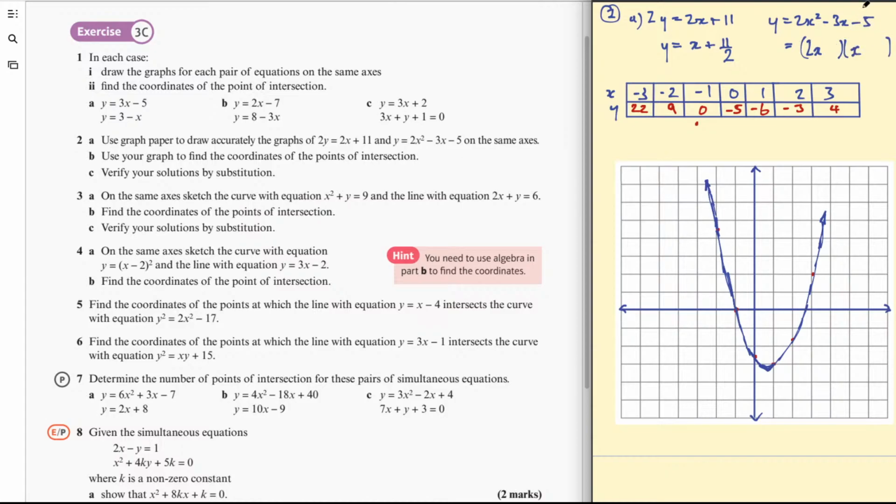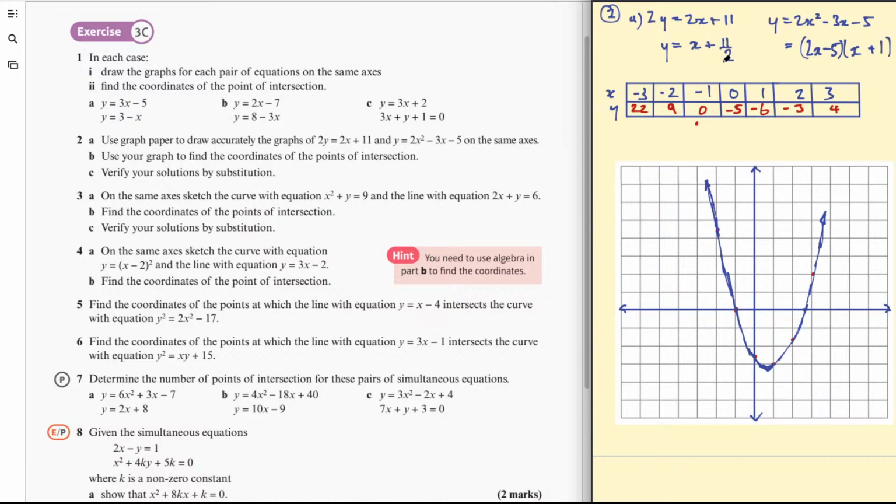So 2x and x, and then 1 and 5. Is this going to work? So then we'd have a negative 5 plus 2. So the x-intercepts are 5 on 2, about here, and negative 1.